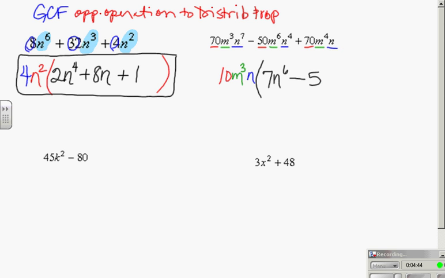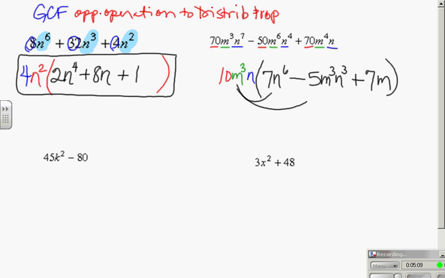Minus 50 divided by 10 is 5. M to the 6th divided by m to the 3rd is m to the 3rd. N to the 4th divided by n is n to the 3rd. Plus 70 divided by 10 is 7. M to the 4th divided by m to the 3rd is m, and n divided by n is 1.